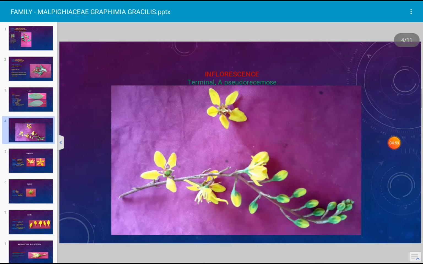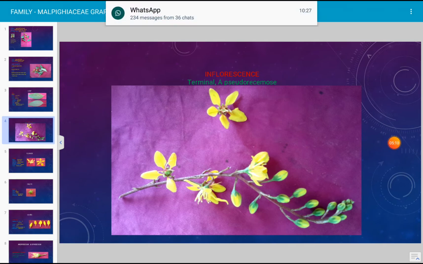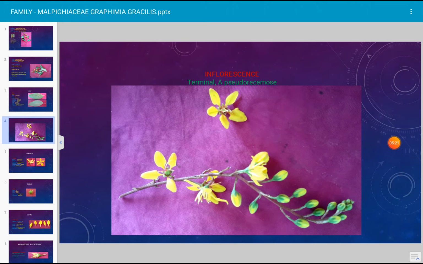Okay, next slide. This is the inflorescence, and this is terminal raceme inflorescence, a terminal pseudo raceme type of inflorescence. What is raceme type of inflorescence? In case of raceme inflorescence, the flowering shoot shows indefinite growth, mature flowers present at the basal region of the flowering shoot, and the young flowers are situated at the top of the flowering shoot.